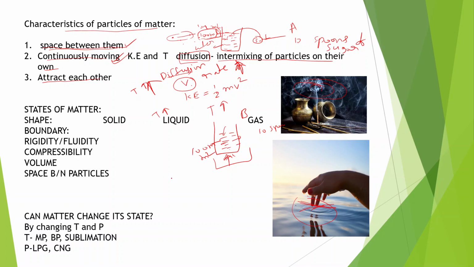That attraction is called force of attraction between the particles of matter. So in between the particles there is some force of attraction. We can prove this from this example, and also if you take a piece of chalk and want to cut it in half, we have to use some force, otherwise it will not cut.